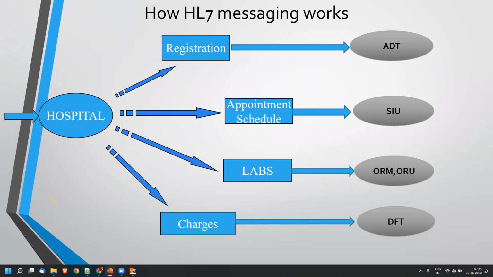A patient might get discharged, or transferred from one department to another within the same hospital, or may be moving to a different hospital or different branch altogether. So in this way, there are many events happening under the ADT section.